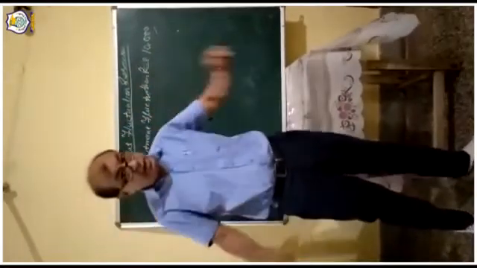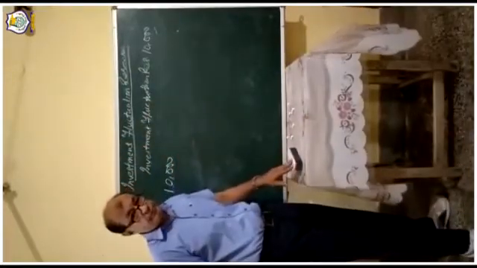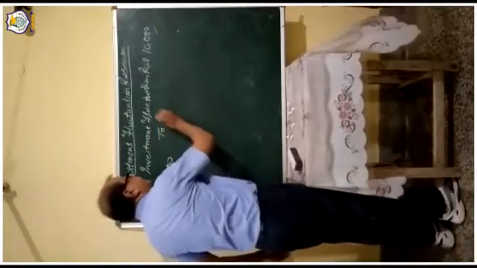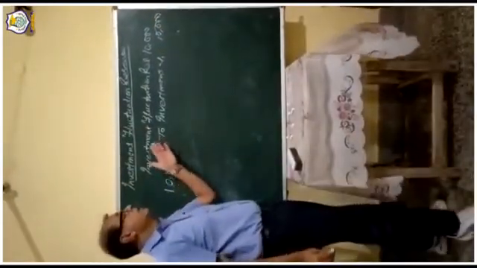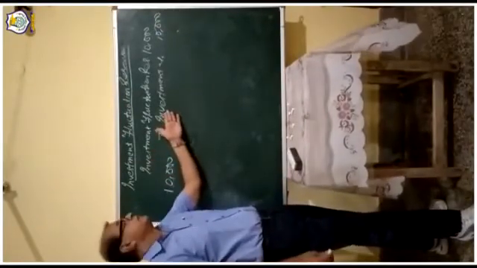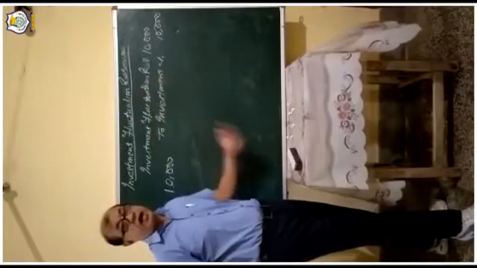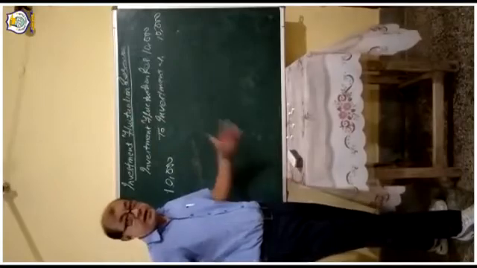So 10,000 is the difference, and the reserve is also 10,000. So the partners will not get anything. In such a case, the whole amount, investment will be credited by 10,000, to compensate that loss to investment by the reserve, because we have a reserve of 10,000. That's why investment will be credited by 10,000.